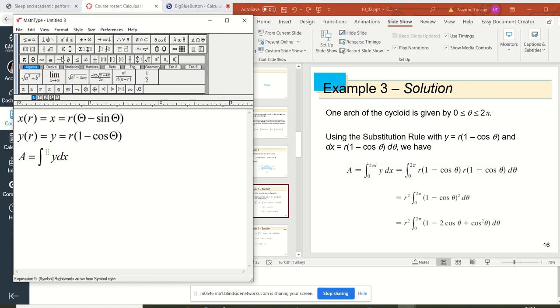So the upper boundary is 2πr, and the lower boundary is 0. Here, the lower boundary is 0.